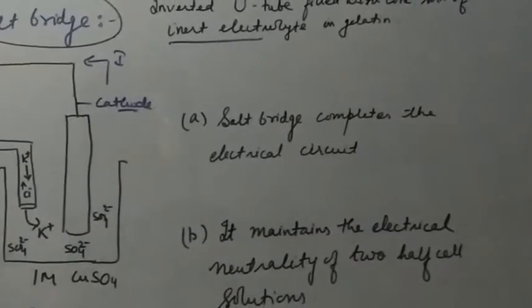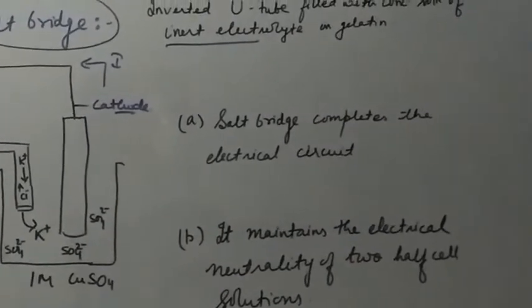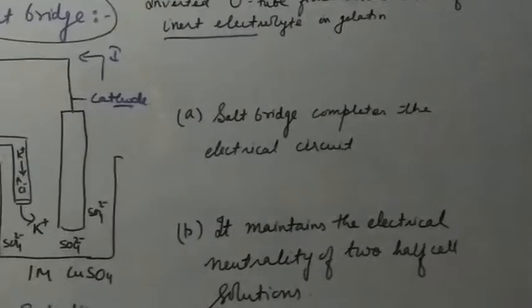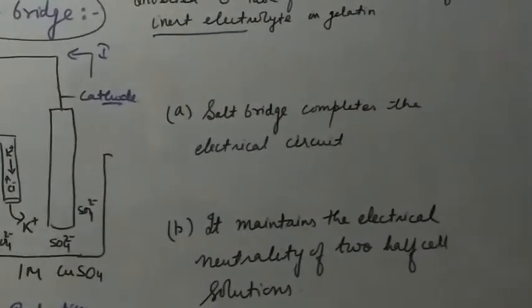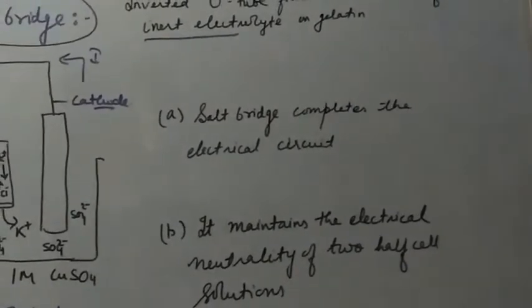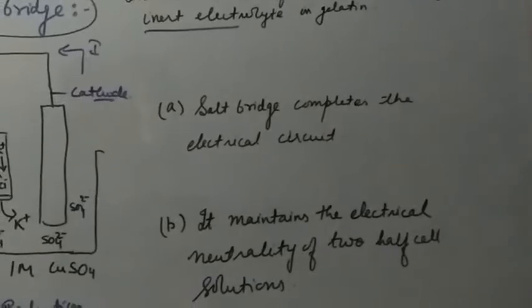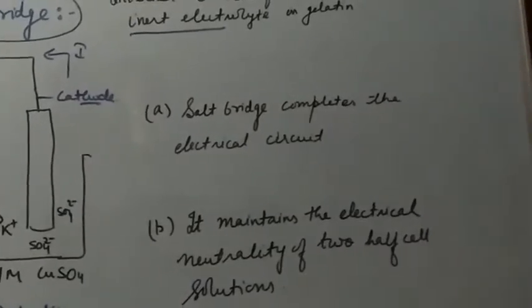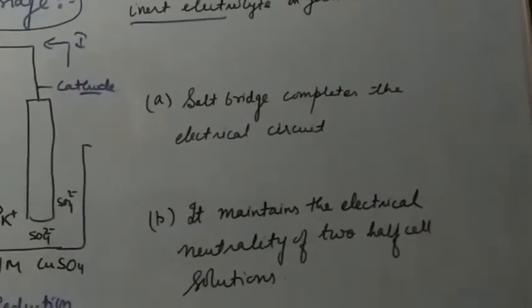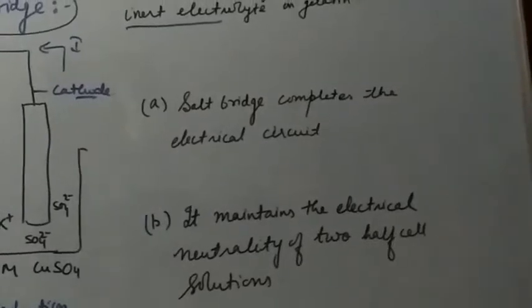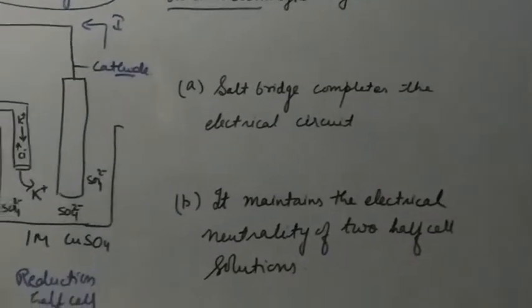As I have shown in the diagram, I have taken KCl here, right? The mobility of K+ and Cl- ions is the same. This is the characteristic of the inert electrolyte.